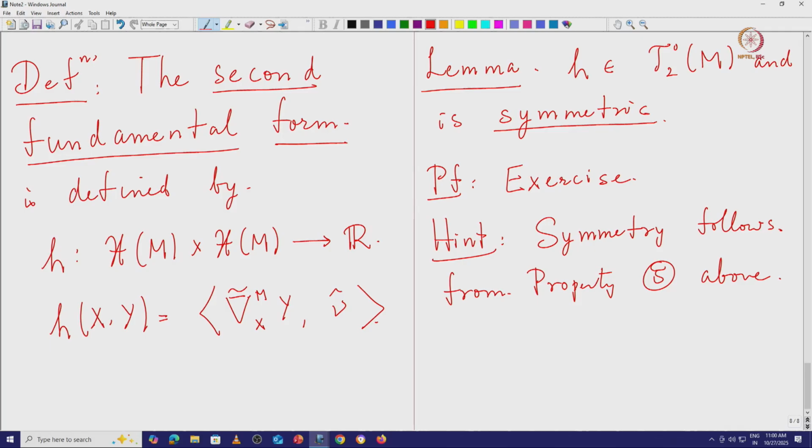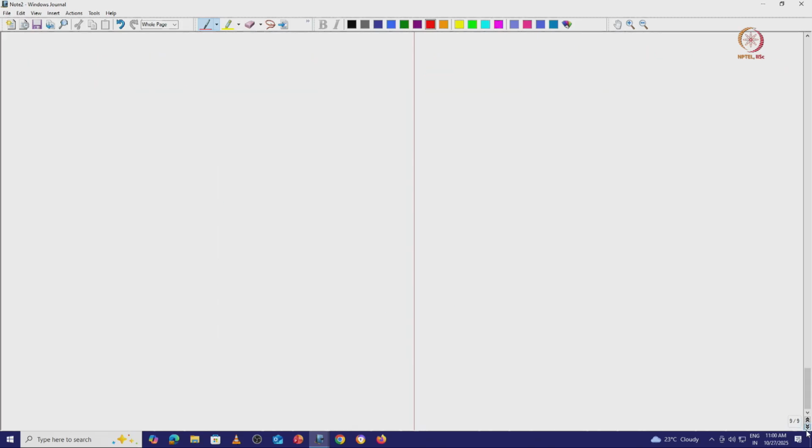All right. So now the key proposition that I want to prove is the following.